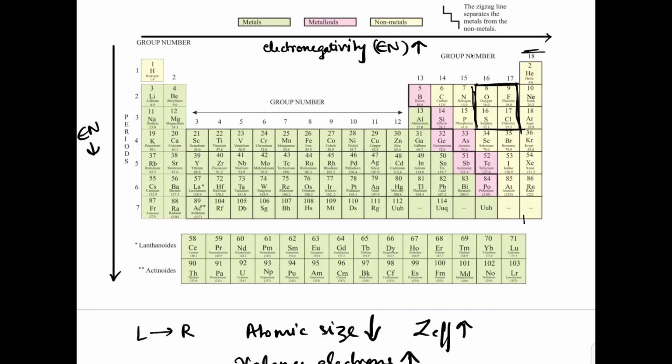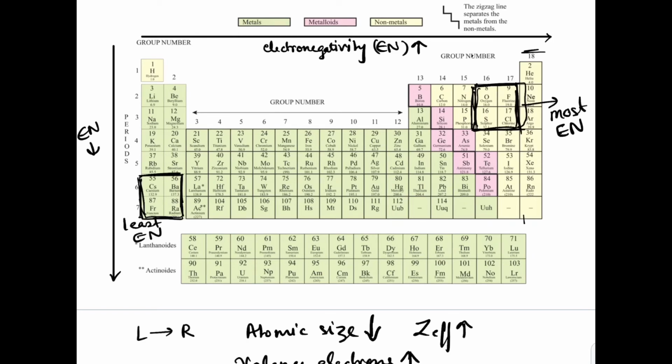So what these are: oxygen, fluorine, sulfur, chlorine. These are the most electronegative elements of the periodic table, and the ones right here, cesium, barium, etc., these are the least electronegative elements of the periodic table.